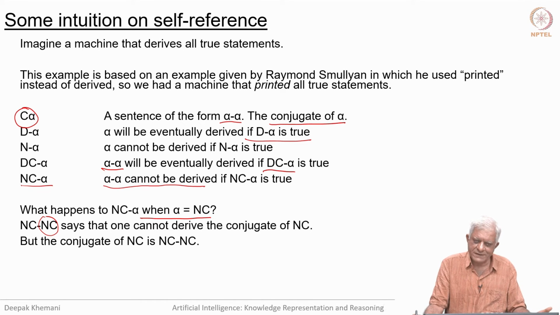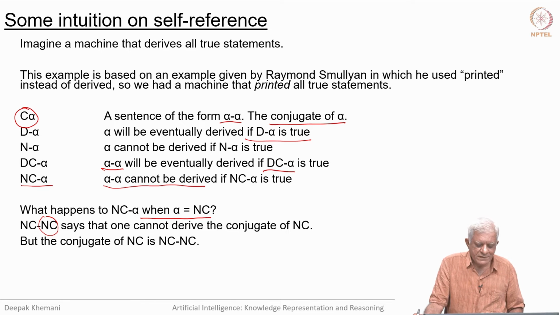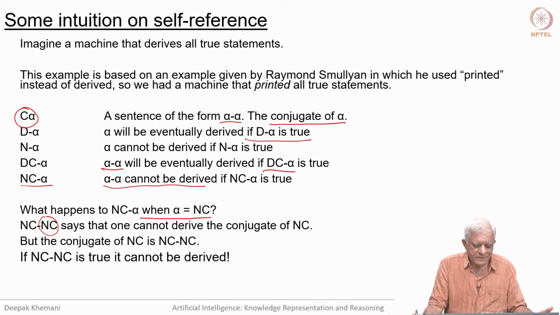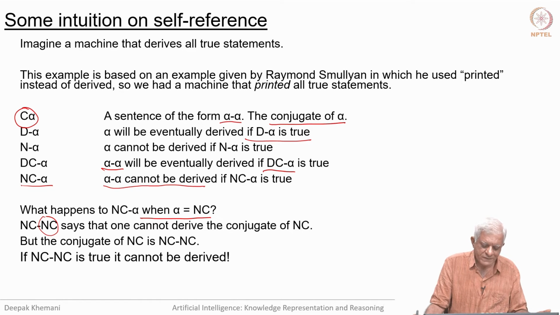So, you see what is happening here. If NC is true, it is saying that it can never be printed. That means this system is not complete. Here is a true statement, but it cannot be printed because the statement itself is saying that it cannot be printed or derived essentially.